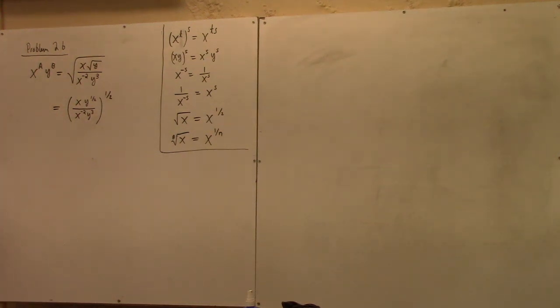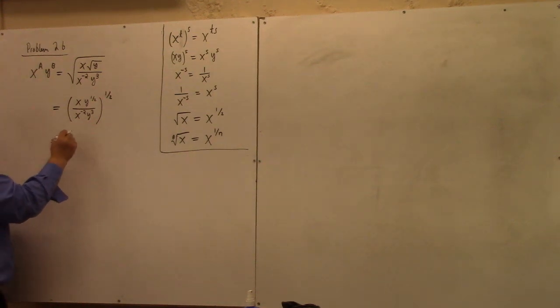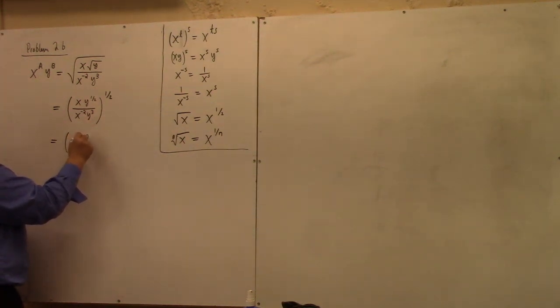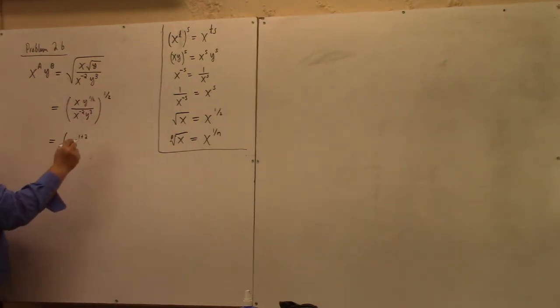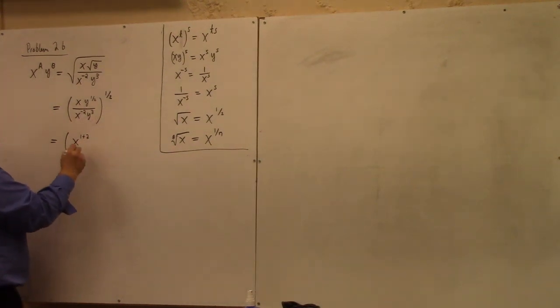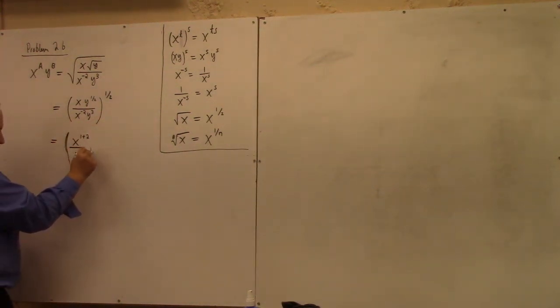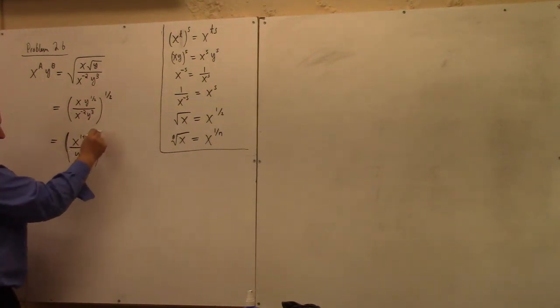And then what I would do is simplify the inside first. I work inside out. How can I simplify the fraction inside? Yeah, x to the 1 plus 2, right? And how about y? Oh, y to the bottom? Okay, sure, we could do that. That's not wrong. What's 3 minus a half? I'll write it down.